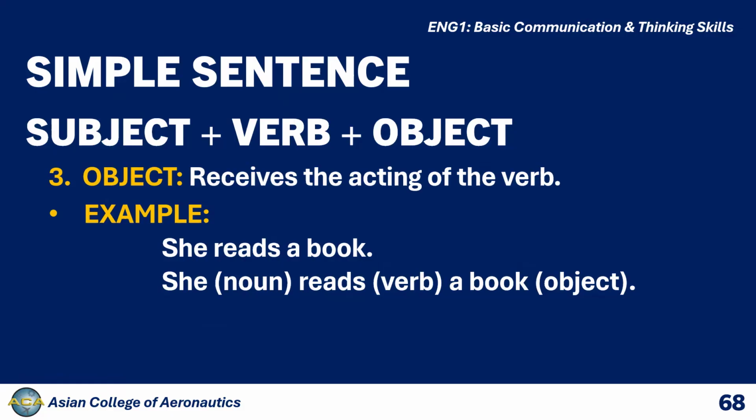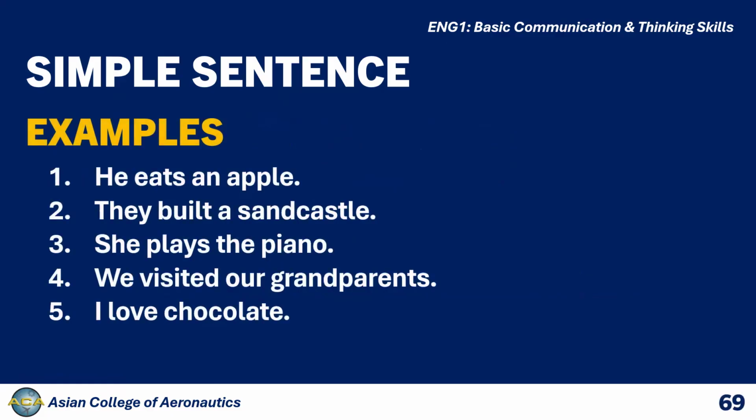So basically, a book is an object because it receives the action of the verb. Another example: "He eats an apple." He is the subject, the noun, eats is the verb, and an apple is the receiver of the action.